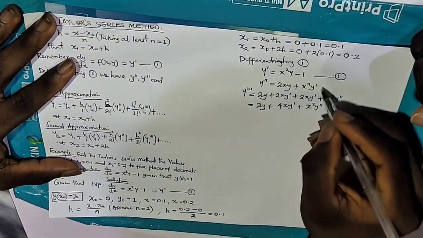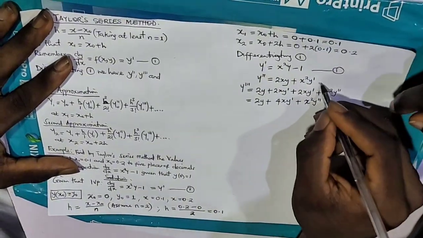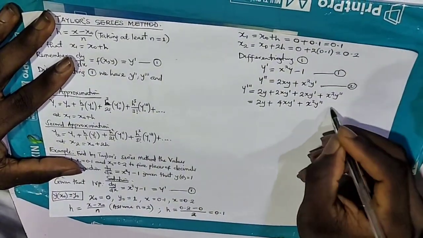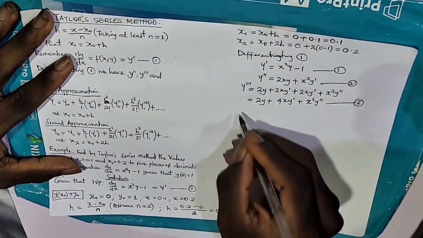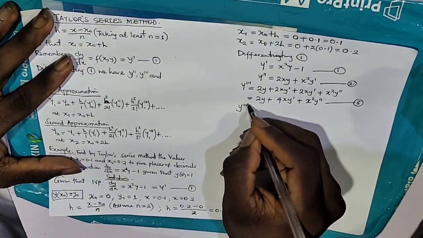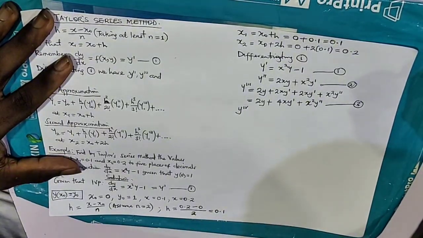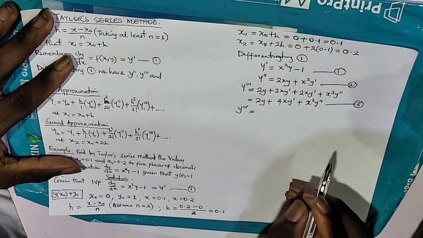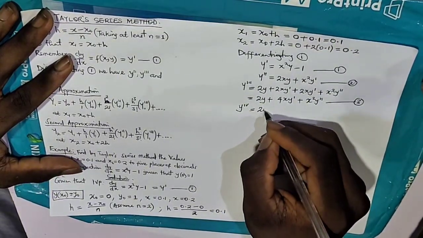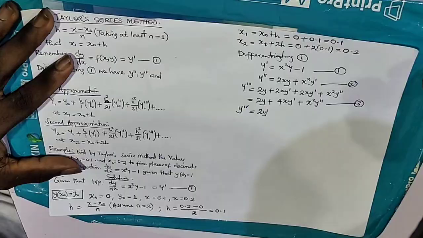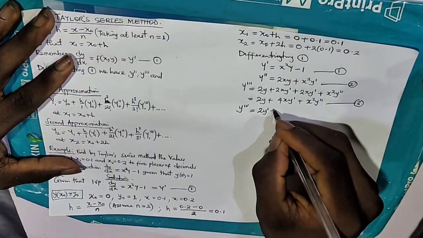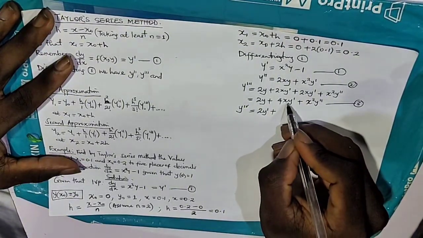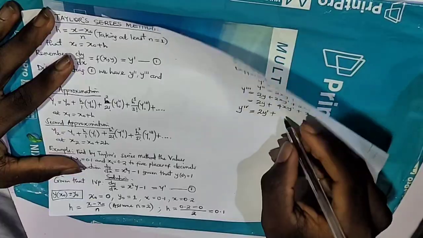Okay. So let us say since this is 1, this is 2, and this is 3, let us go to the fourth one. Right? Okay. So when you differentiate 2y, you have what? 2y prime, right? Okay. When you differentiate with respect to x, what do you have?